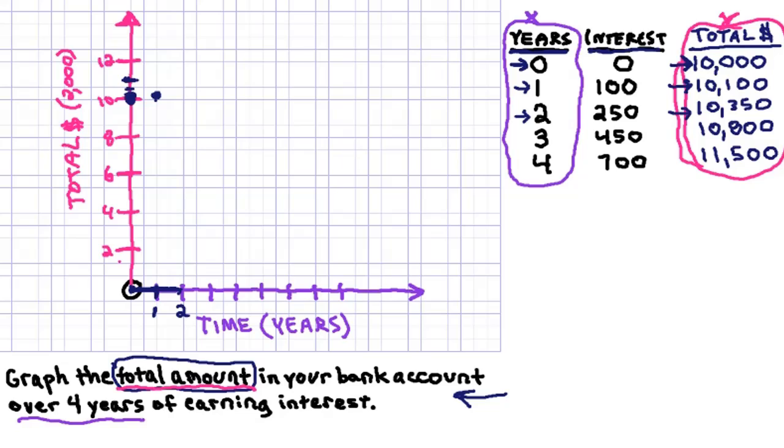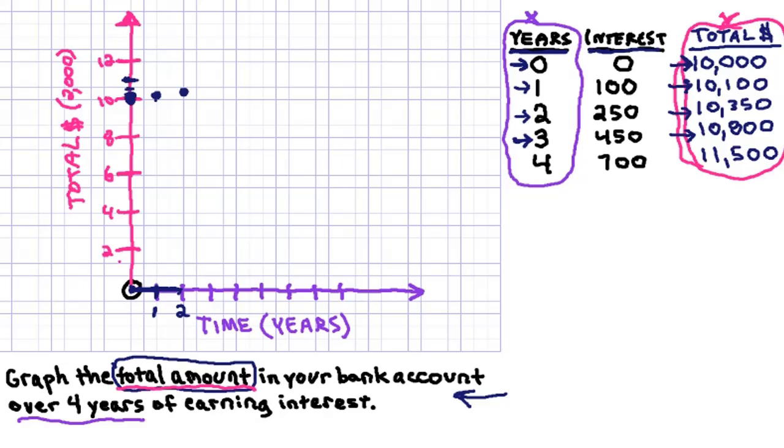We're going to follow that y-axis on the 2-year mark all the way up to 10,350, which is just going to be just teeny tiny above the $10,100 mark. So as you can see, we're making very small increments here on the y-axis, and that's okay.